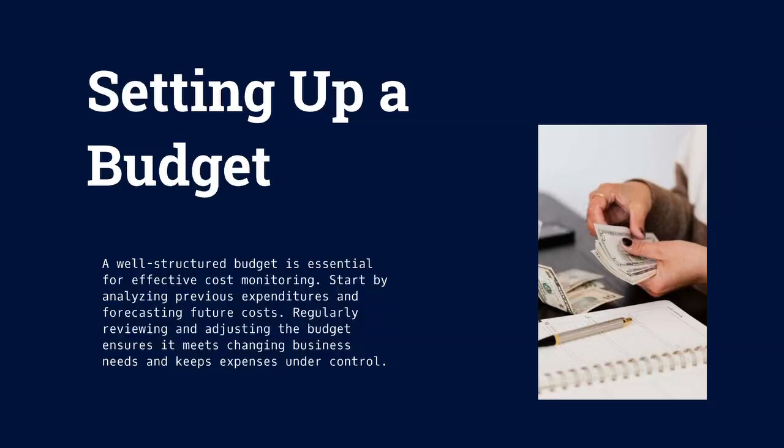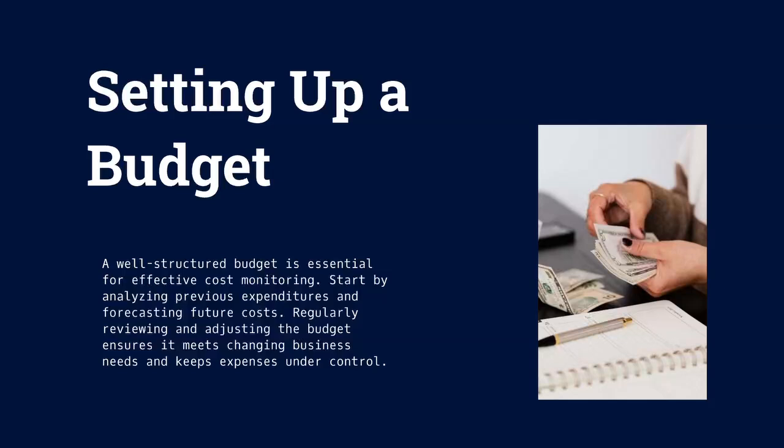So let's say that in the past you have allocated, I don't know, $100,000 to marketing expenses during the year. But this year you want to grow your business, so you want to spend more. So if you know that last year you spent $100,000, this year you could maybe allocate $130,000 to marketing expenses, right?